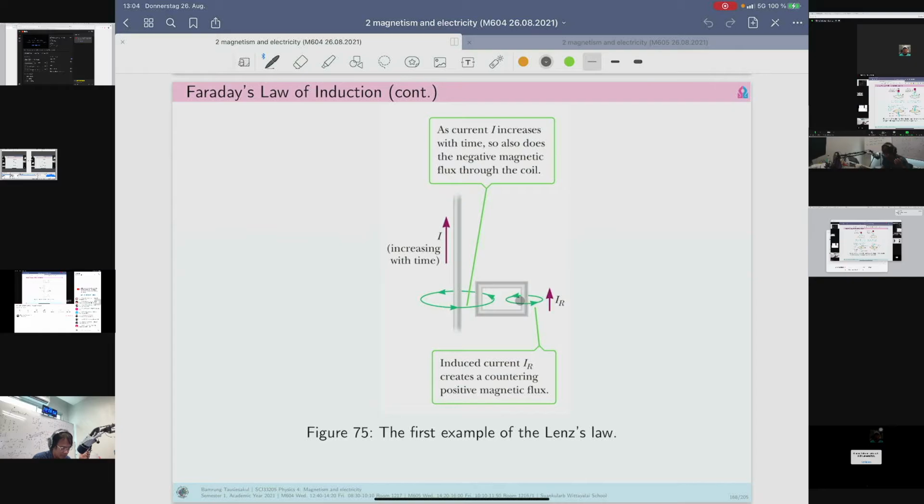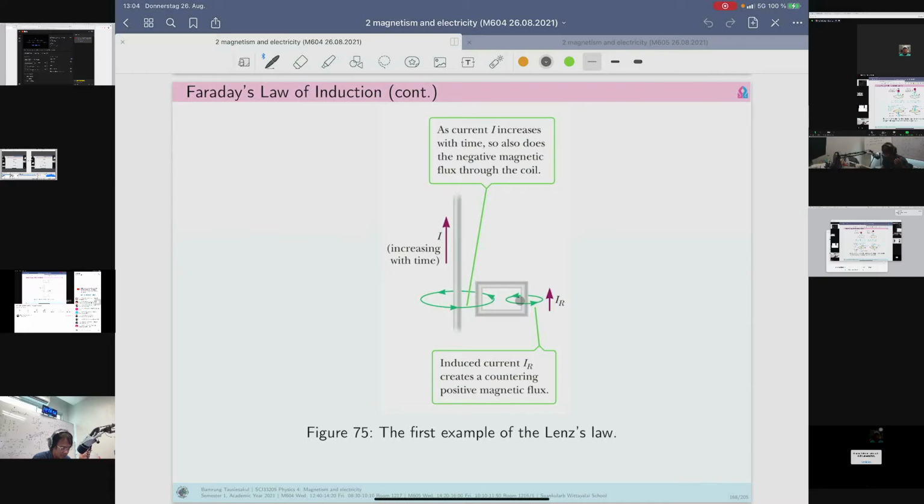This conductor is like someone being disturbed by putting a magnetic field into his internal area. So he tries to compensate or get rid of the additional magnetic field by generating a magnetic field with the same amount but in the opposite direction.